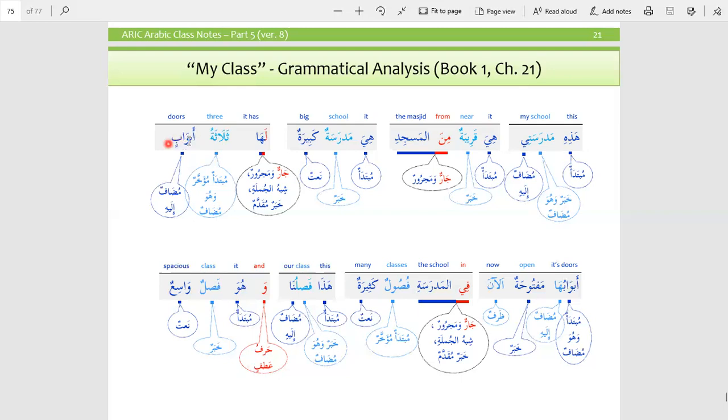We said when it's mu'annath, this is mudhakkar, they always carry the opposite. But here the adad is mu'annath, and the ma'dud is the opposite. So it carries the singular being masculine. So take note of this.